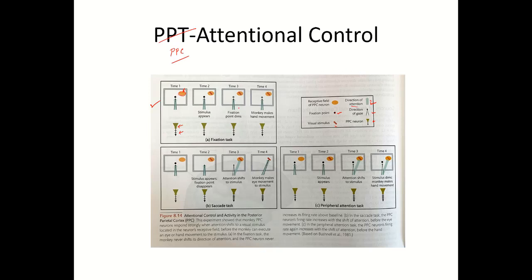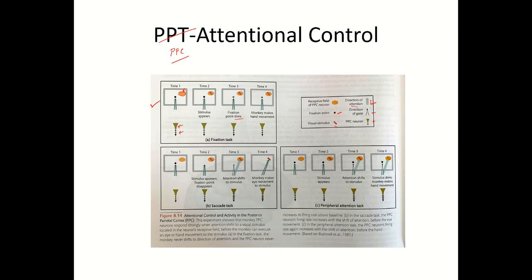Okay, so dim, and then when the color of the fixation point changes, the monkey had to move the hand and touch the place where the target is. So he moves his hand and with his finger touches the computer screen on the target.